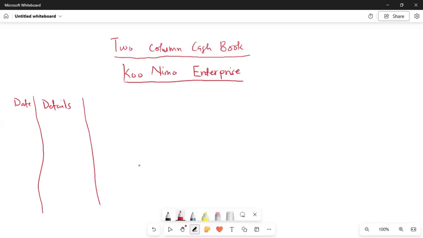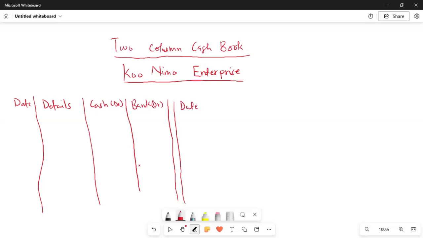Now you bring your two columns on your left side. Always the debit side is on your left side. So bring your cash and bank columns here. Always remember that. Then draw two lines next, write your dates, write your details, with your cash and bank.